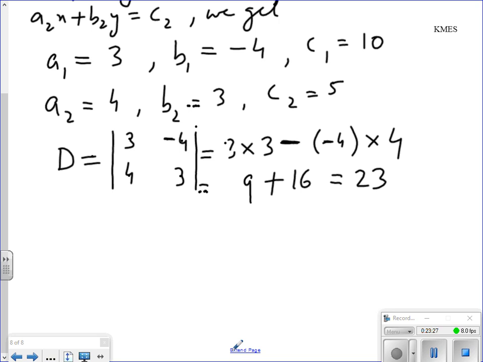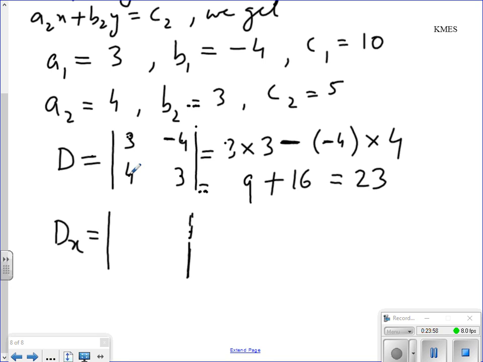The second step is to find the value of the second determinant, that is dx. Now this part is very important. How do we get dx here? Look at D. Here we have A1, A2 as 3 and 4, which are the coefficients of x.